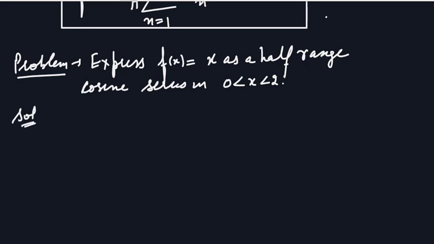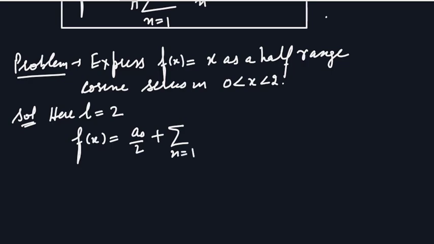Now see here, what is the value of L? If I ask you to write the value of L, L is 2. And what is our cosine series? Half range cosine series. This is a naught by 2 plus summation n varies from 1 to infinity an cos of n pi x by 2.